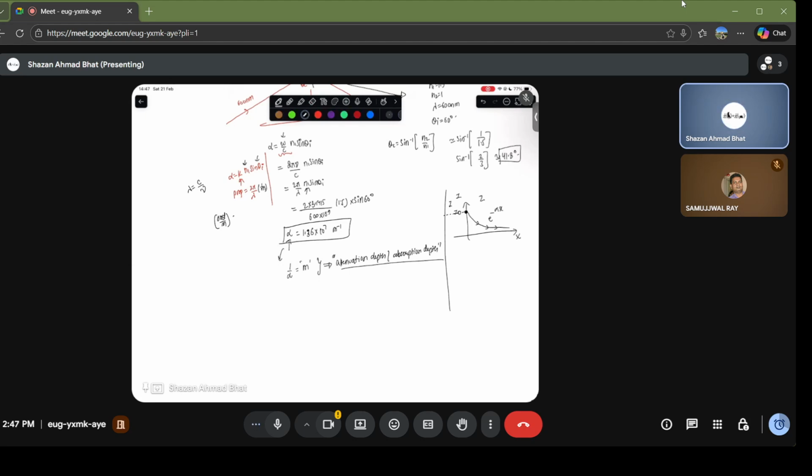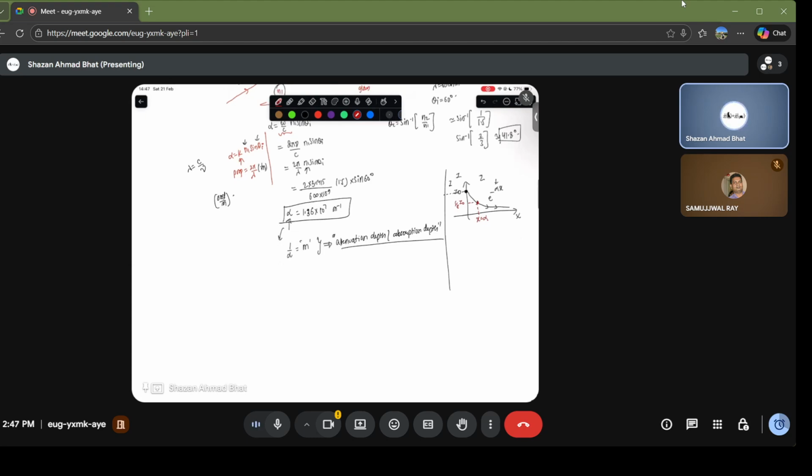So this absorption coefficient exactly captures at what x value the intensity becomes 1 by e of the initial intensity. At x equal to the absorption depth, the intensity becomes 1 by e times I naught. So the intensity drops to 1 by e. That is exactly the absorption depth.